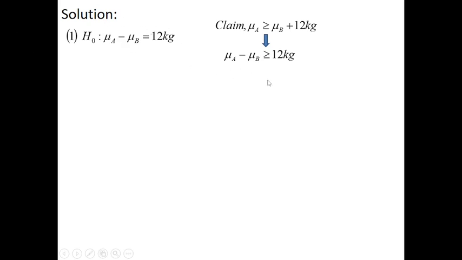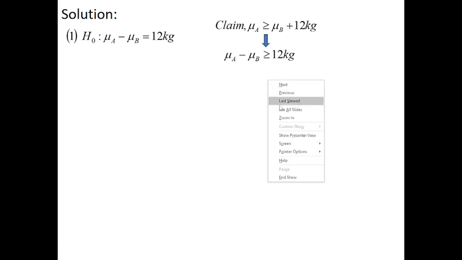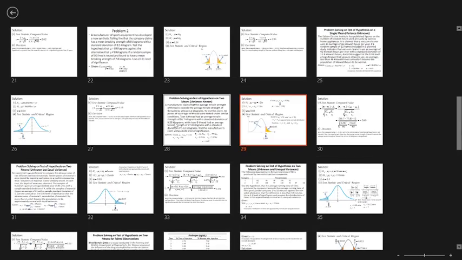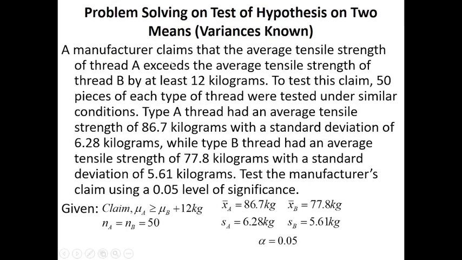How did we arrive at this null hypothesis? Why do we use the equal sign? Let's see. A manufacturer claims that the average tensile strength of thread A exceeds the average tensile strength of thread B. That is the claim of the manufacturer, and that is already the alternative.